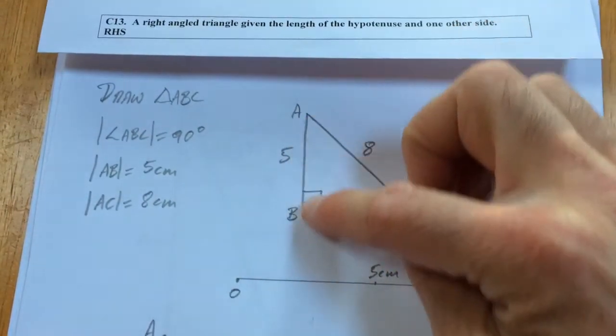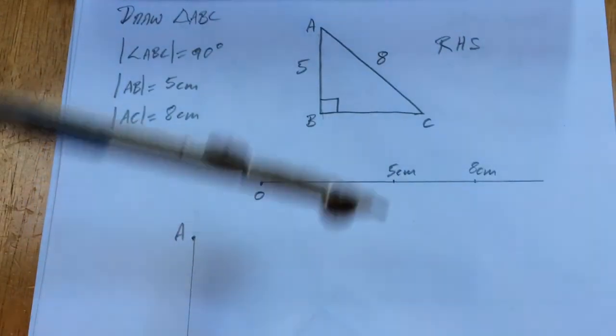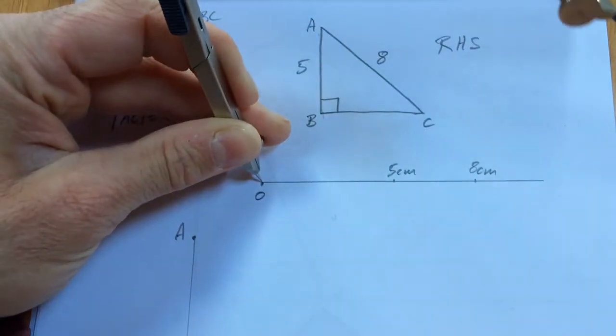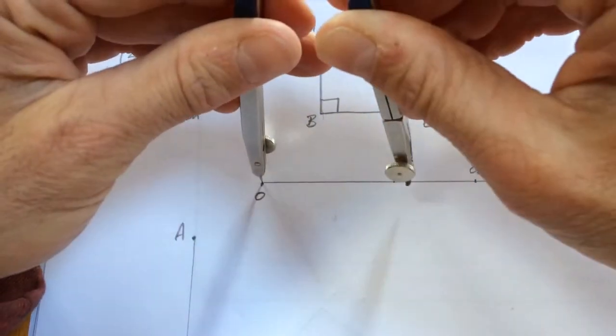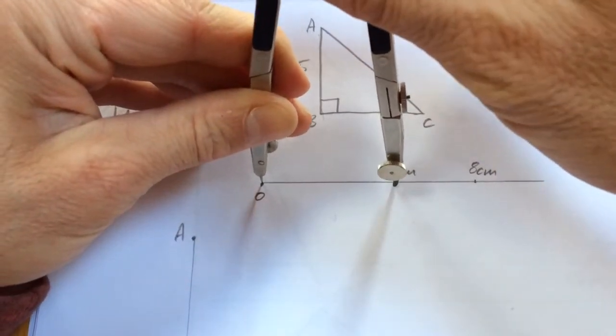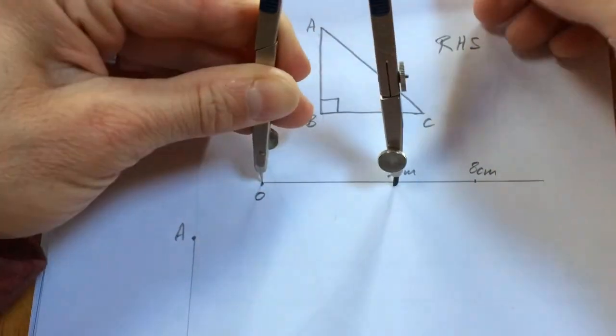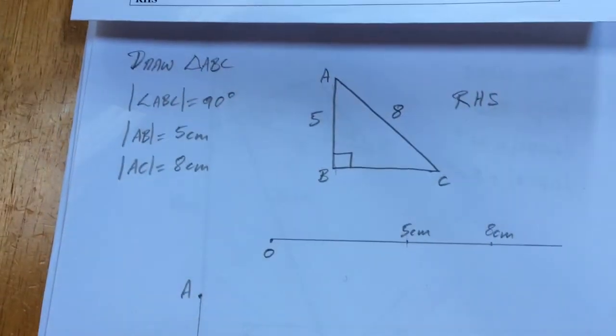It's 5 centimeters straight down. So I go to my measuring line and I put my compass point at 0 and bring the nib in until it's at 5 centimeters. Like so. Now, the 5 goes from A down to B.